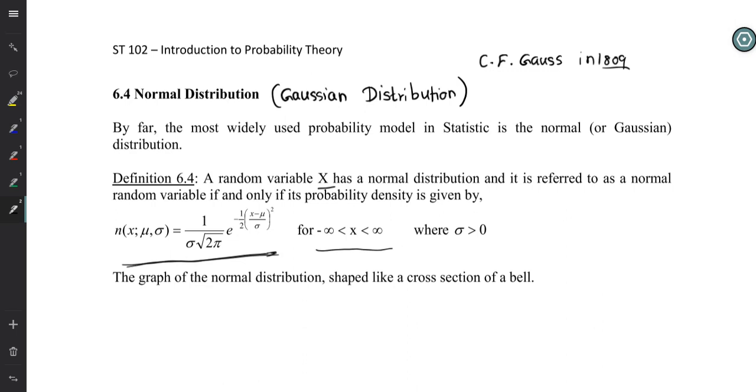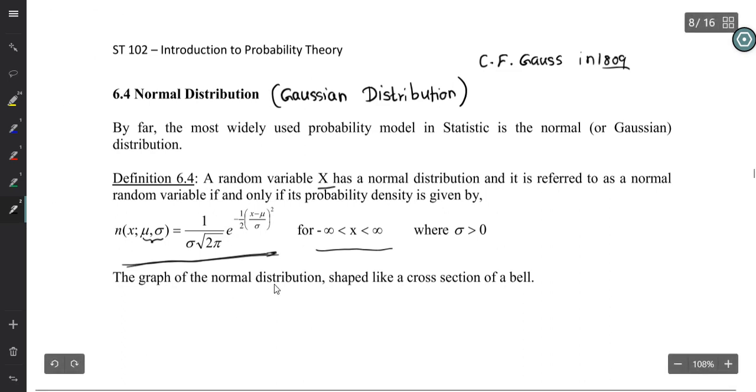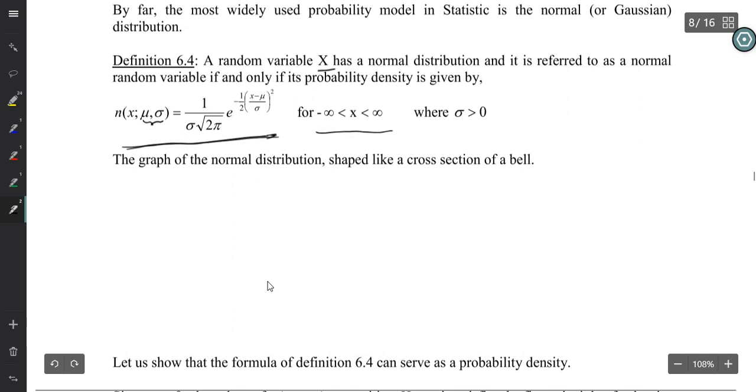You can see that there are two parameters, mu and sigma, which are exactly the mean and the standard deviation. You can see the variance at the bottom, and you can see the mean mu and variance again at the top under this negative exponential term. The normal distribution looks like this.